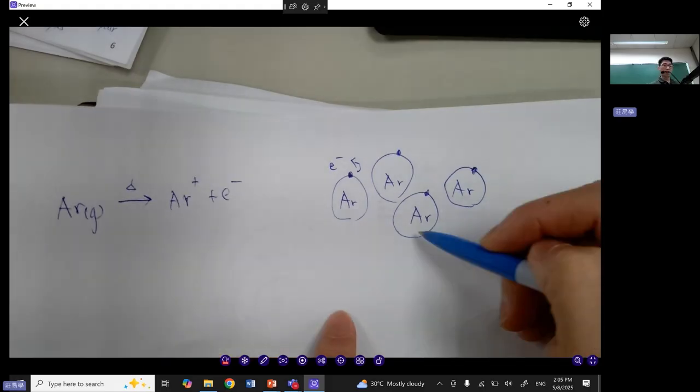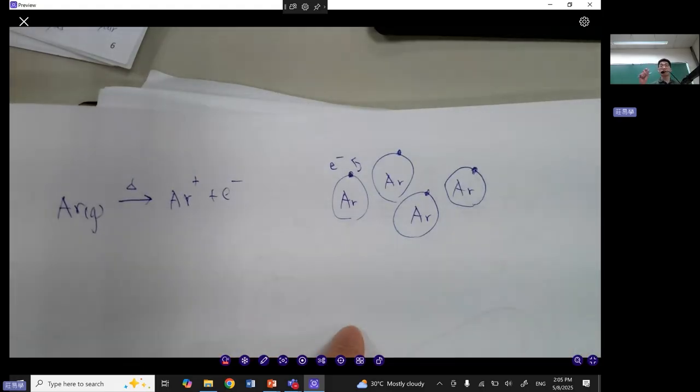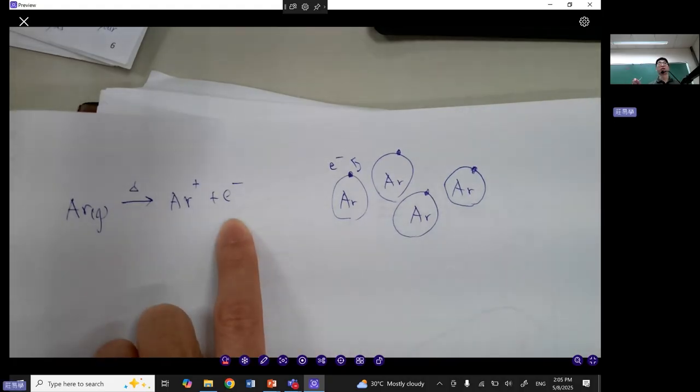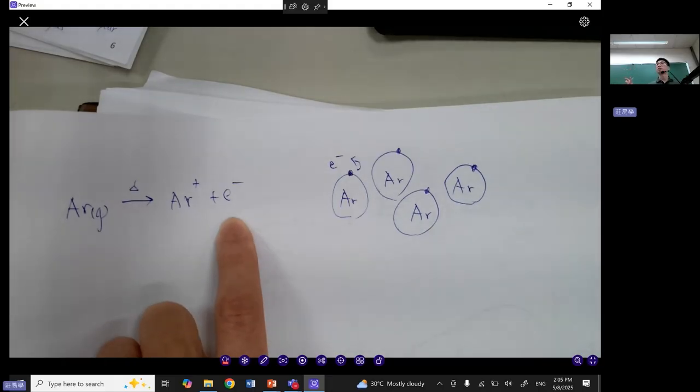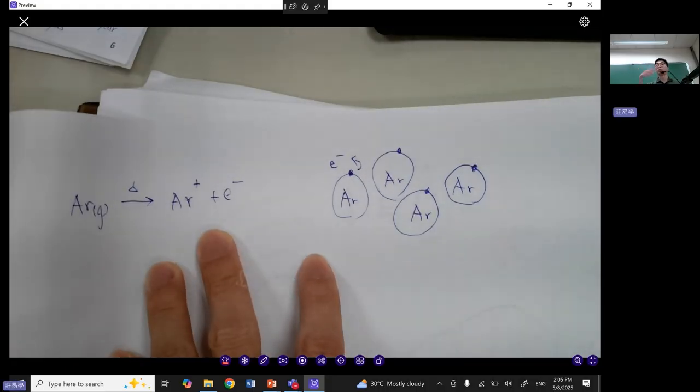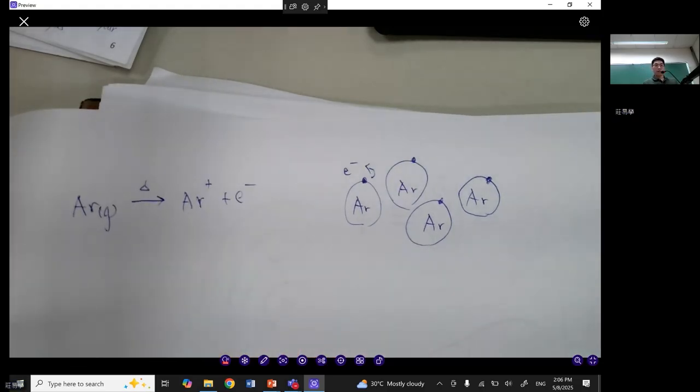So the argon stream becomes a mixture of argon plus and electrons. We call this state plasma. It is the fourth state of matter, the plasma state, and the electrons and argon plus coexist in a mixture.